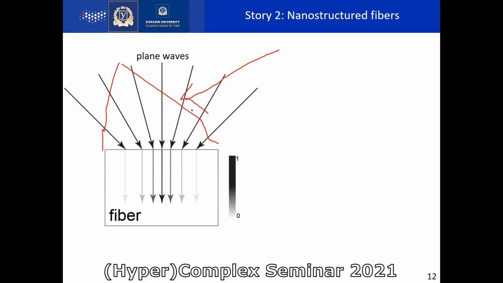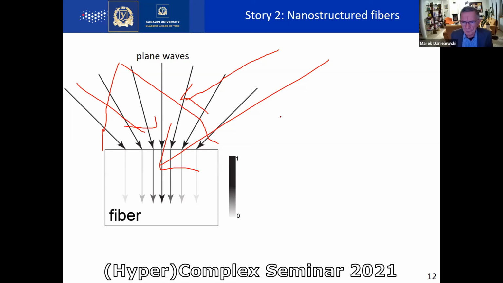So for such applications as sensing, endoscopy, etc., you should be able to collect light of arbitrary polarization coming from arbitrary azimuthal angle, so from these directions, and from arbitrary angle of incidence. And this problem was not solved. Thank you very much. I don't see more questions. Thank you very much.